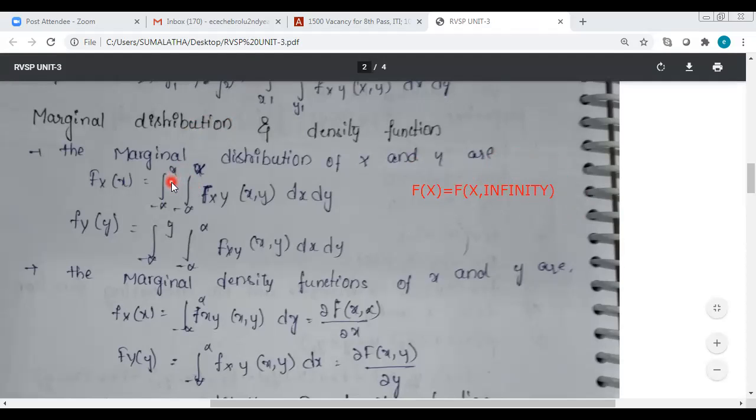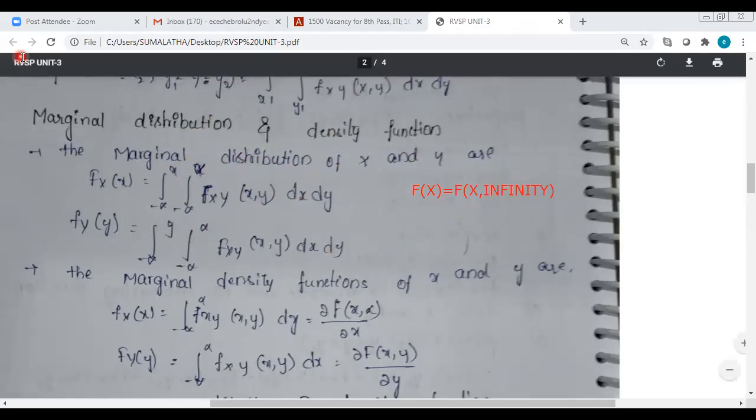That's why here, integration from minus infinity to x because x will be there, y will be infinity. That's why integration from minus infinity to infinity of small fxy of x comma y dx dy. Okay ma, dx dy.